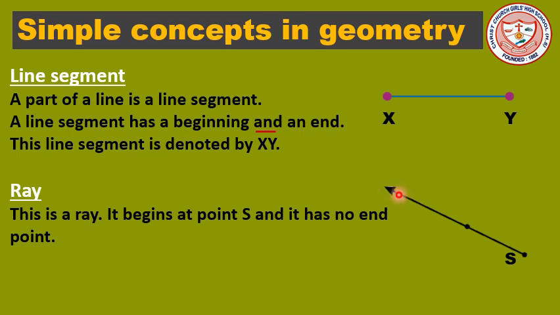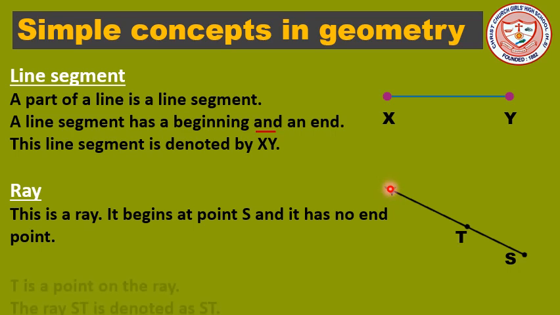It can be our earth, it can be any other planets, etc. Likewise, in ray, it begins at a point, here it is S, and it has no end point. That is why our arrow is drawn here.